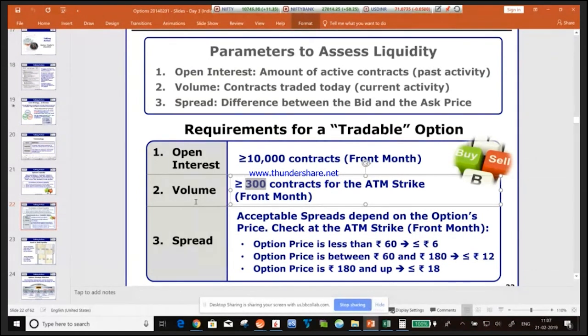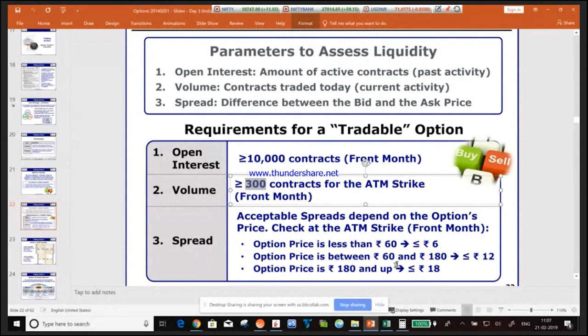Okay. The last one is spread. Acceptable spreads depend on the option's price. Remember, the option price, again I am repeating, the option price, not the stock price. If the option price is less than 60 rupees, the spread can be up to 6 rupees, meaning the spread between bid and ask that you can accept is about 6 rupees.